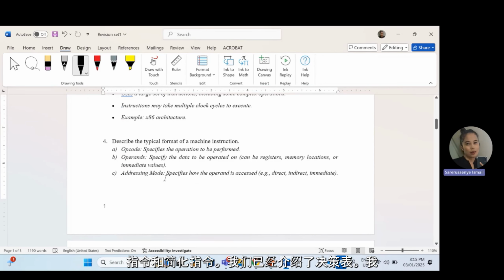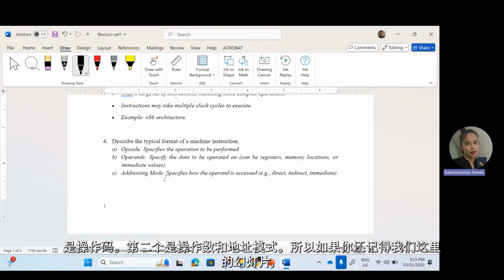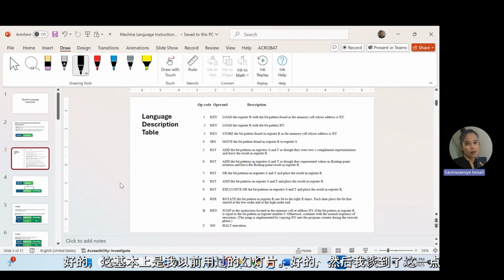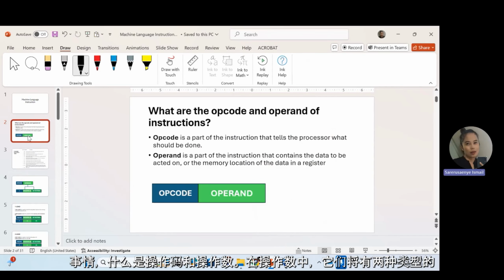We were introduced to the description table, and I mentioned the instruction set has three main components. First is the opcode, second is the operand, and then the address mode. If you still remember our slide, this is the slide I used before. What are the opcode and operand?